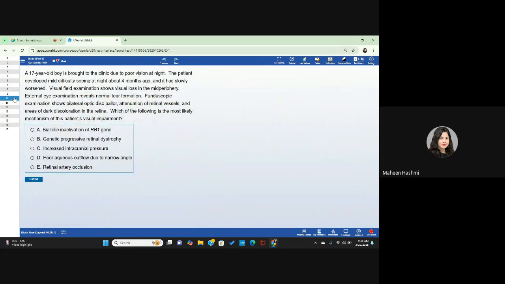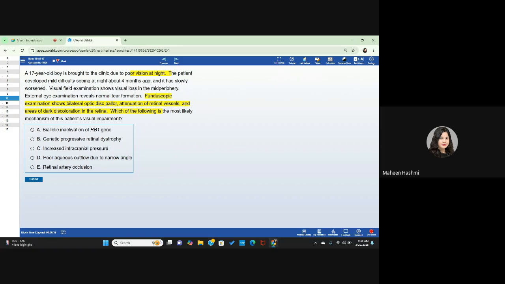Next question for today: fundoscopic examination shows bilateral optic disc pallor, attenuation of retinal vessels, and areas of dark discoloration in the retina. I told you this. A 17-year-old boy with poor vision at night. We discussed this yesterday.